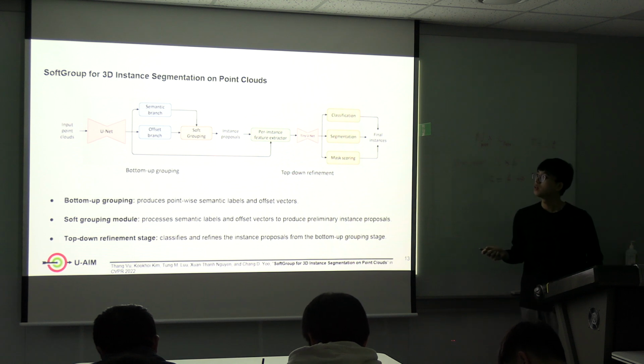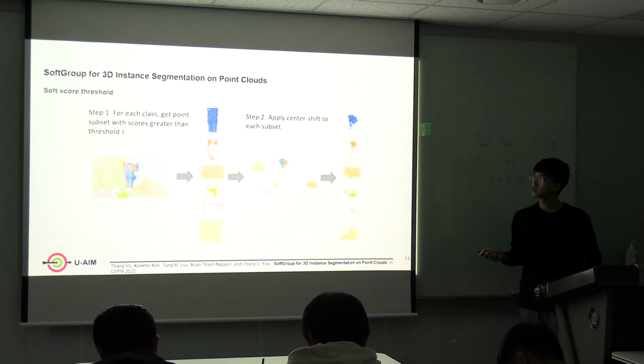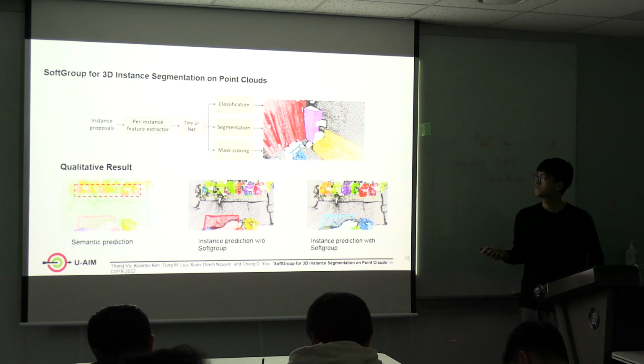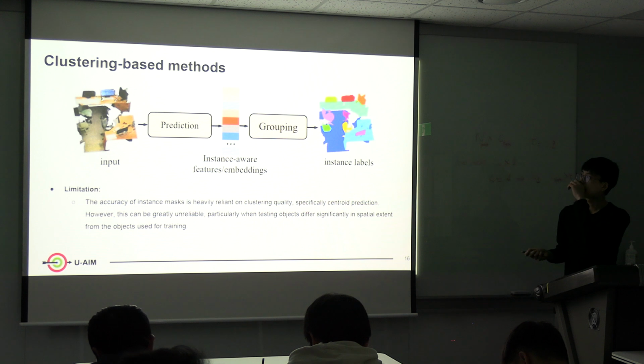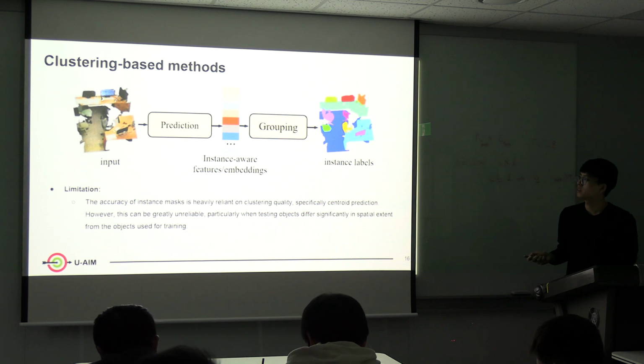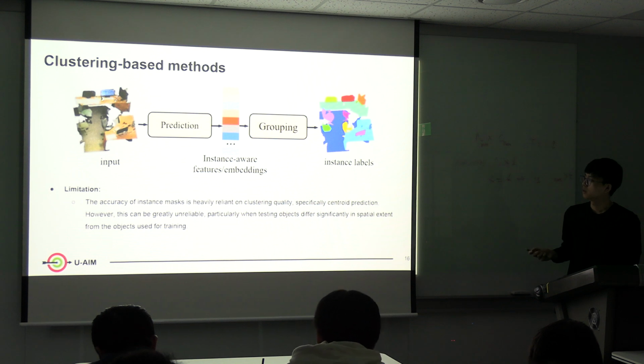Okay, but like the bounding box approach, they have a limitation because your result will heavily rely on the clustering quality. So if the clustering quality is not good, the instance result will not be good too.